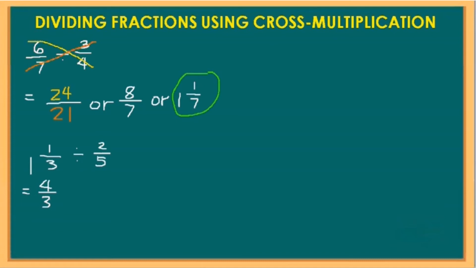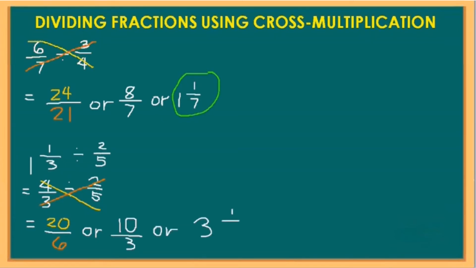So we have 4/3 divided by 2/5. Let us cross multiply. 4 times 5 is 20. 3 times 2 is 6. 20/6 is not yet in lowest terms, so we have 10/3 or 3 and 1/3. Final answer.